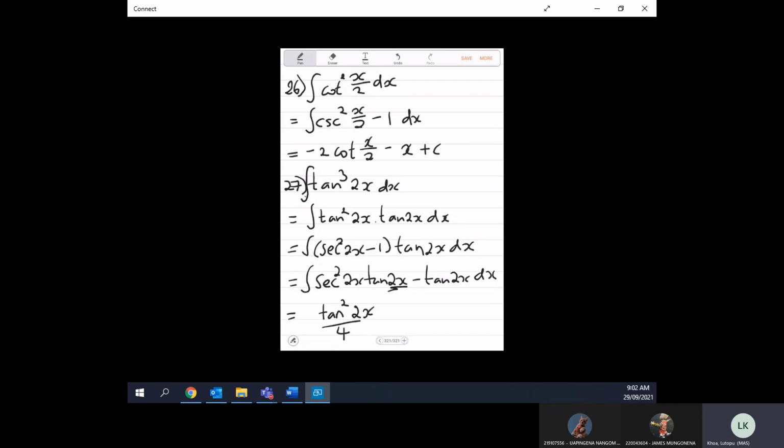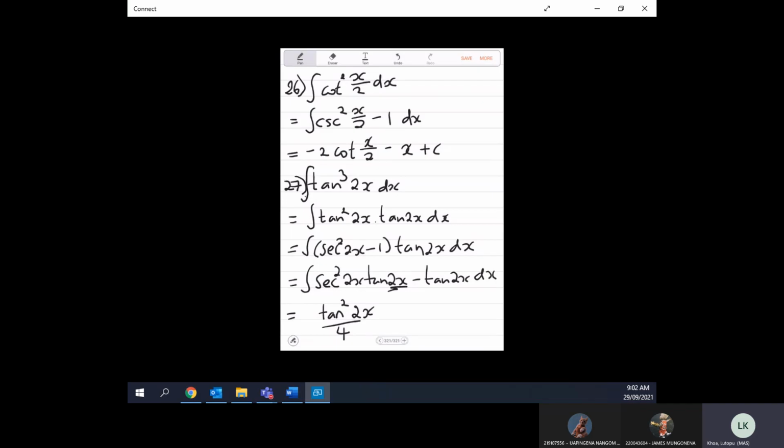Oh, and this one is interesting, because if it's sec squared tan, you can also look at it as sec multiplied by sec tan. So you can say it's sec squared divided by 2 as well.